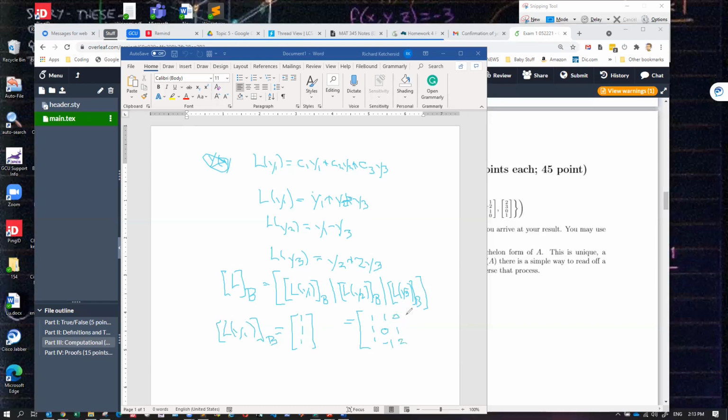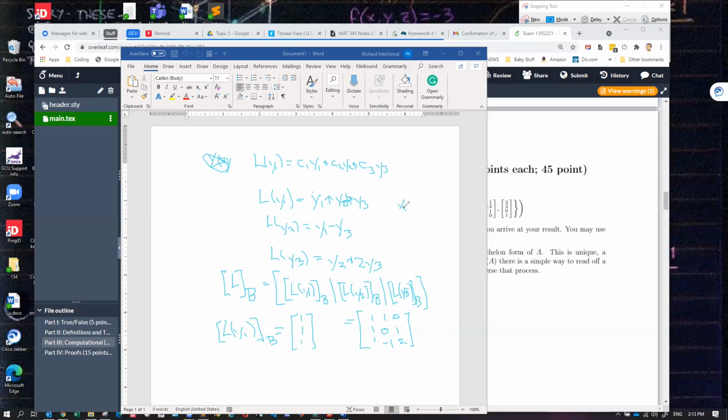Now what does this matrix let me do? It lets me take something with respect to this basis. If I'm given something as a linear combination of Y1, Y2, and Y3, then I can apply that representation.